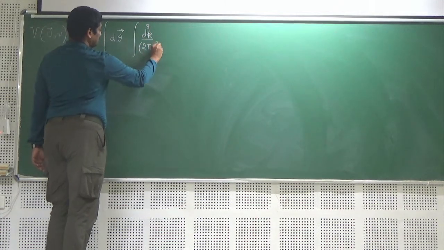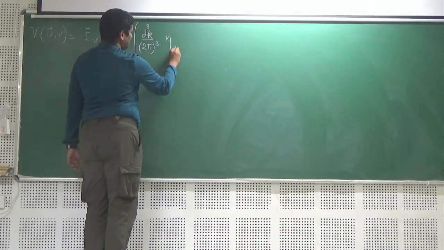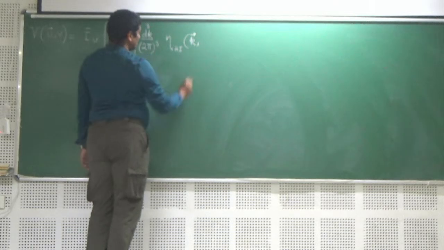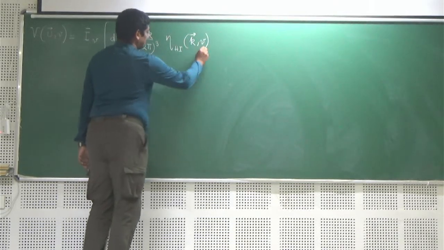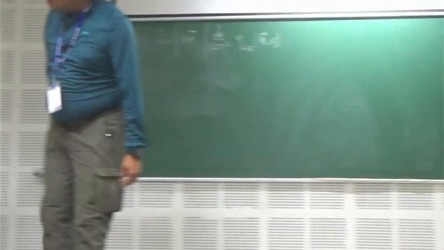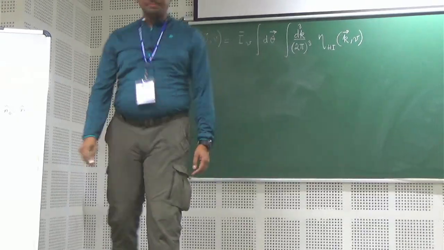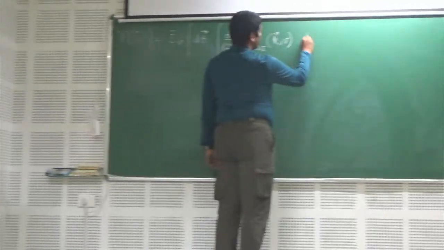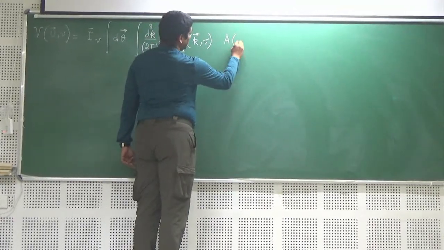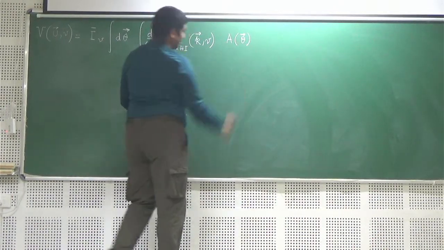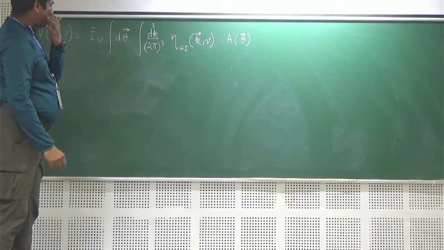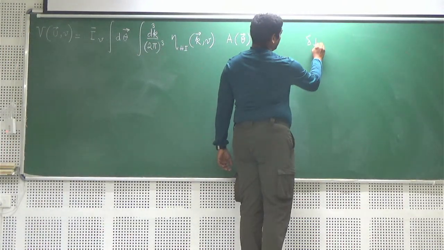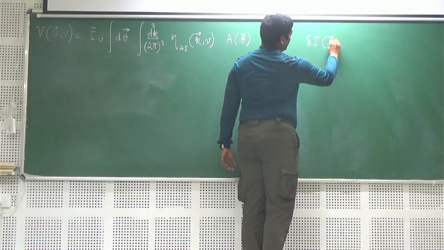for eta. It will be eta h1. Did I use a tilde for that? No. What else is there? I have A, which is a function of theta, and I have, of course, delta I, which is a function of both theta and nu.